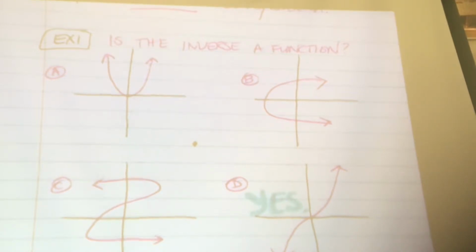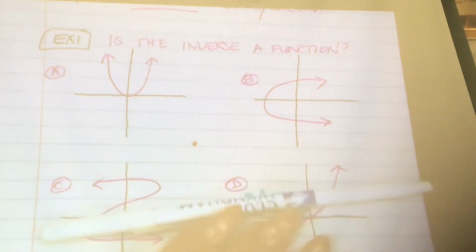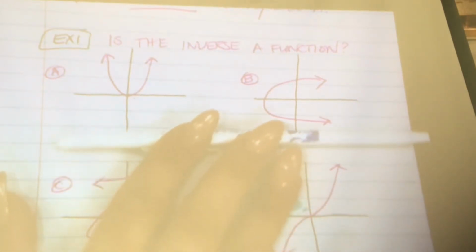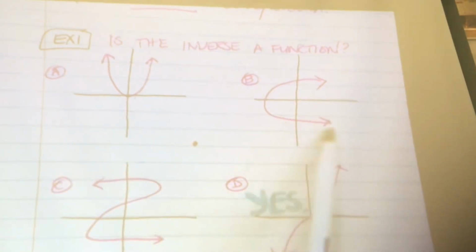Tell her, say it louder so she can hear. It passes the? Alright, let's check. If I cross horizontally, a lot of people might say that this fails right here, but do you guys see how this is actually moving on an outward position? It's not a straight line. It is not a straight line. This is going like this. Yeah, you gotta be careful. This one's a yes too.